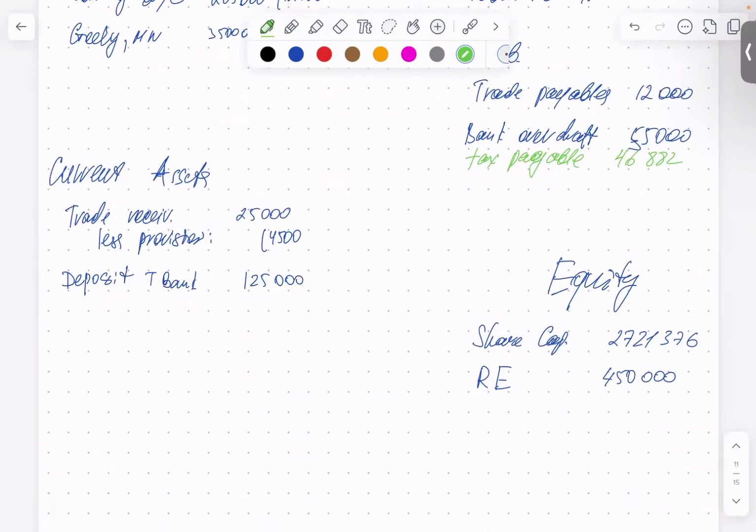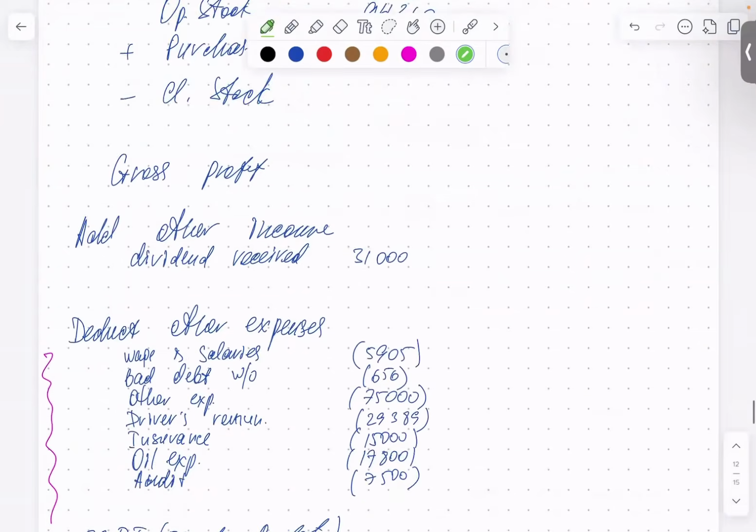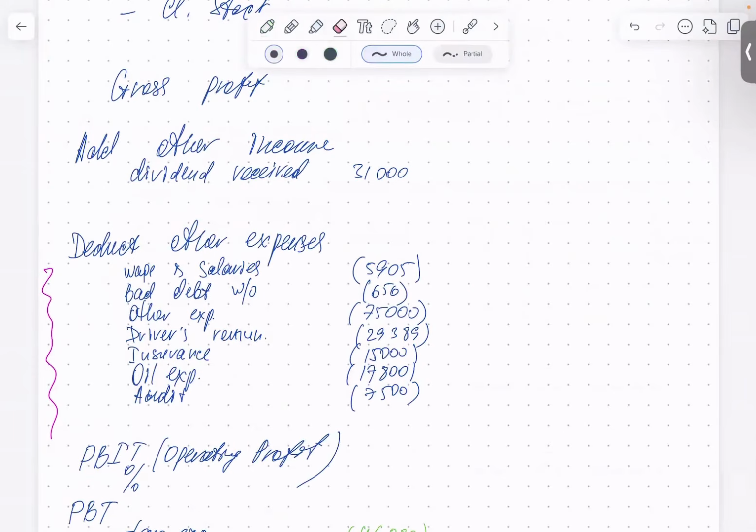So let's add prepaid insurance. Prepaid insurance in our current assets in an amount of 2.5, and let's decrease the insurance we have in our records by the same amount, 2.5. It's gonna give us 12,500 thousand rubles as an insurance expense.